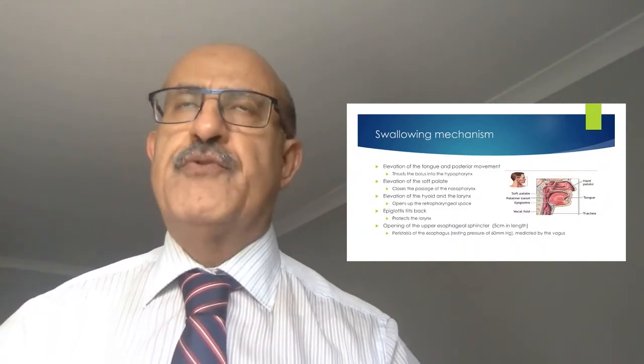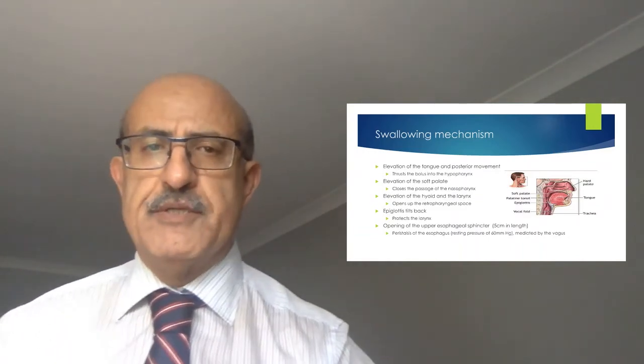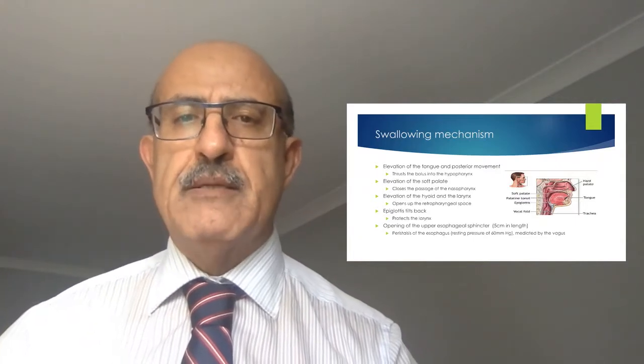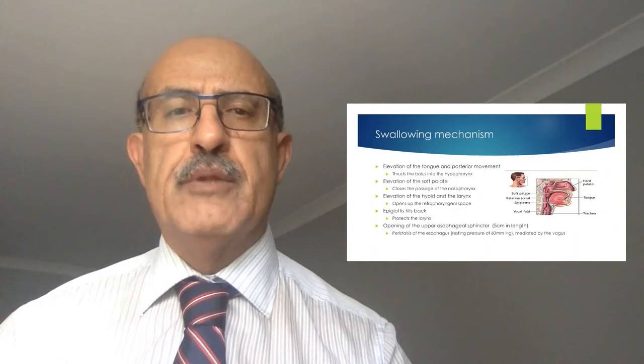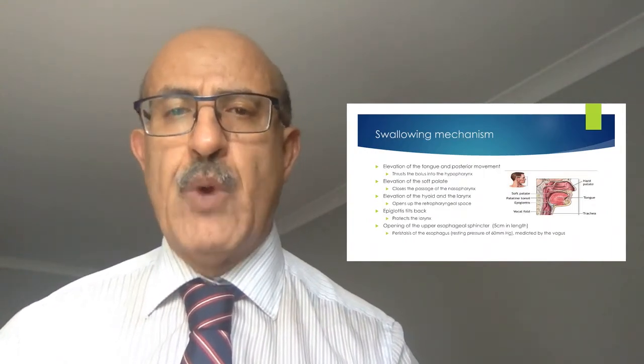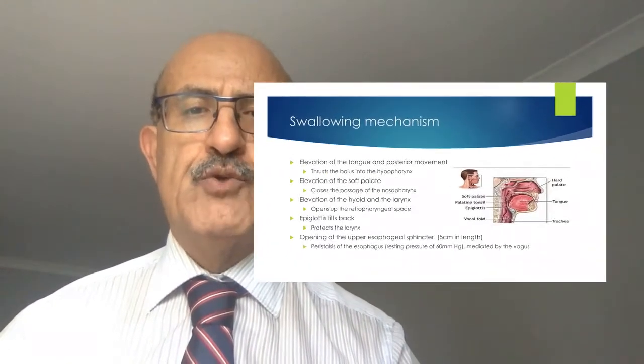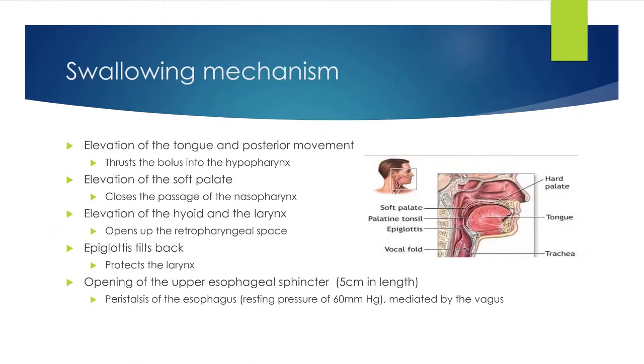It will be important for us, before we assess dysphagia, to understand at least the muscular component of the process of swallowing. Now, swallowing starts with the bolus that has been formed after chewing.